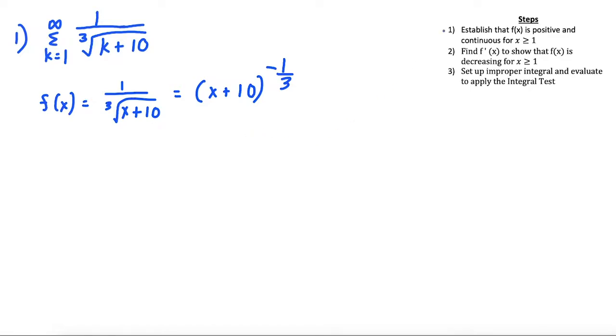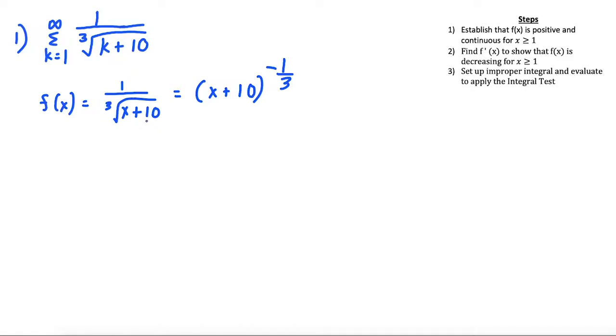But for the first step, when you want to establish that f of x is positive and continuous, we don't have to write the most rigorous explanation. Just looking at this, when x is greater than or equal to 1, 1 plus 10 or 2 plus 10, anything bigger than 1 is going to result in a positive. The cube root of a positive is positive, and 1 divided by a positive number is positive.